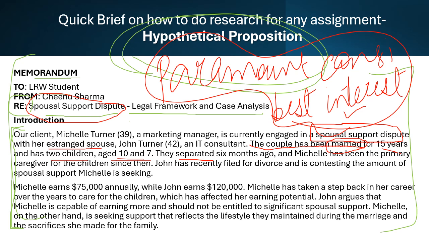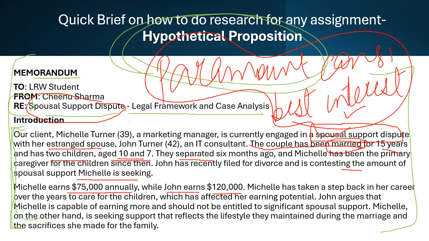John has recently filed for divorce and is contesting the amount of spousal support Michelle is seeking. So here Michelle has filed for spousal support from John. Michelle earns $75,000 annually while John earns $120,000.